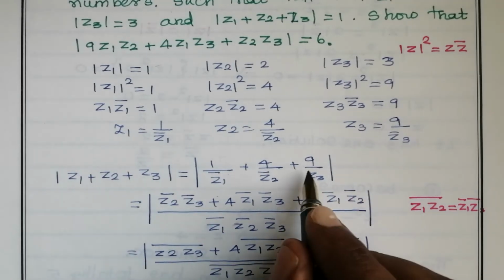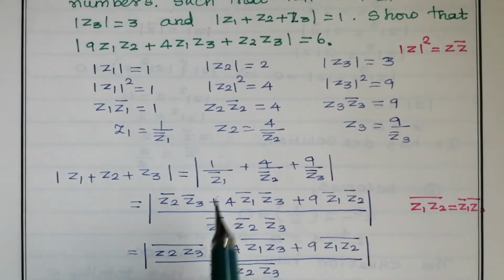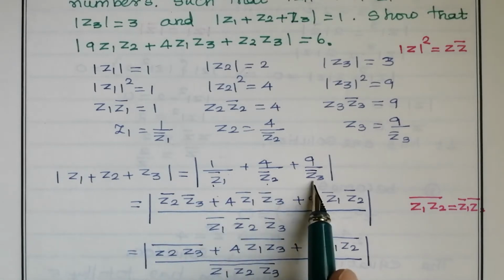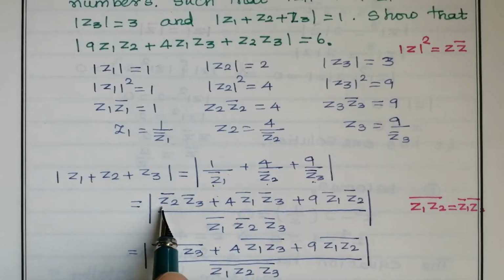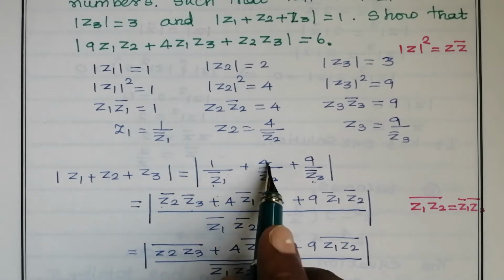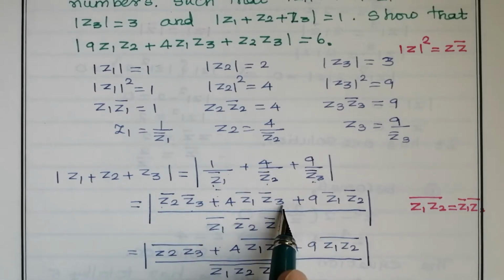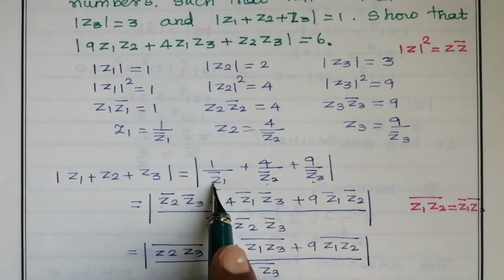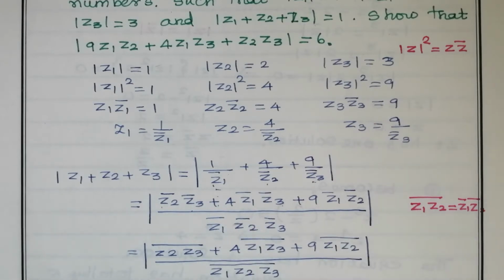After that, taking LCM Z1 bar, Z2 bar, Z3 bar, we get Z2 bar Z3 bar plus 4 into Z1 bar Z3 bar plus 9 into Z1 bar Z2 bar, divided by Z1 bar into Z2 bar into Z3 bar.